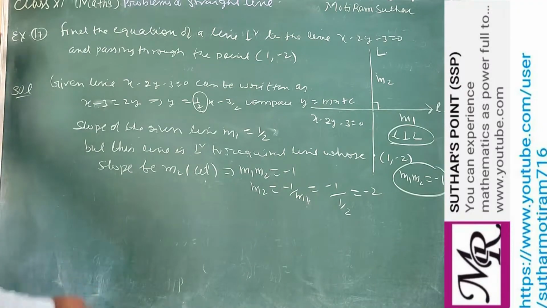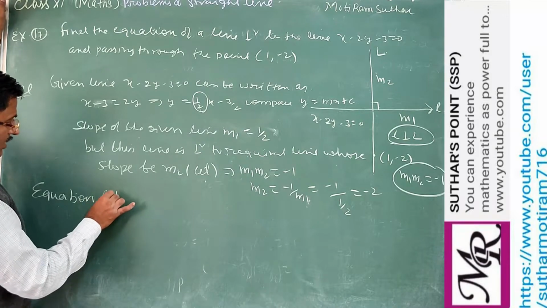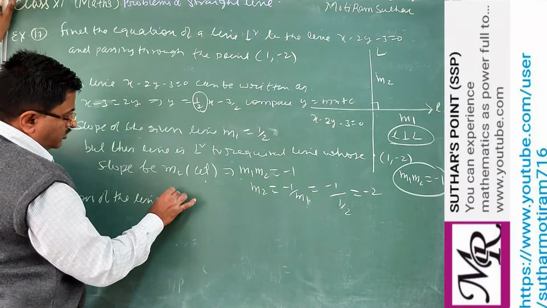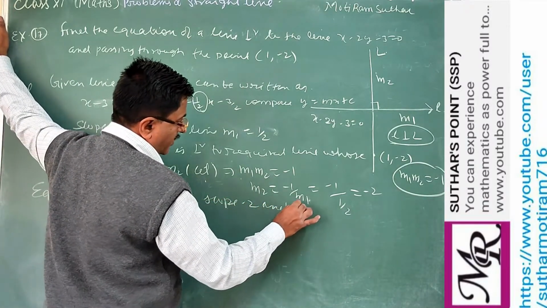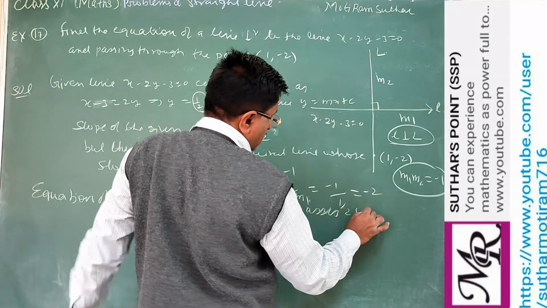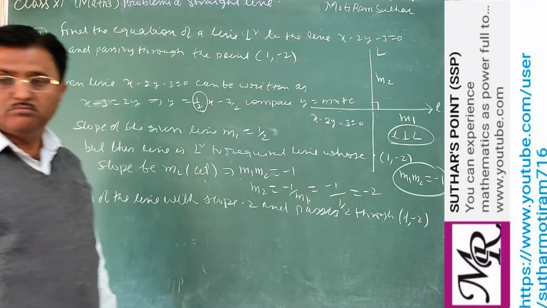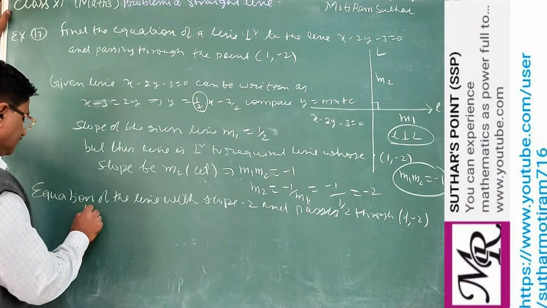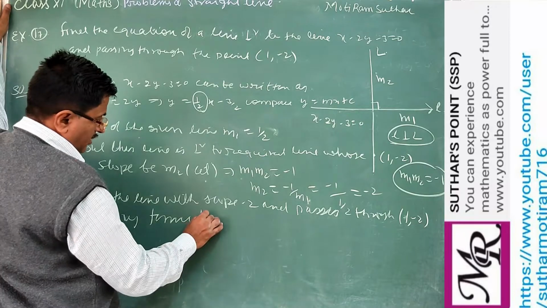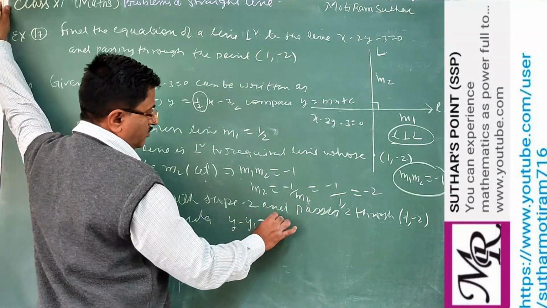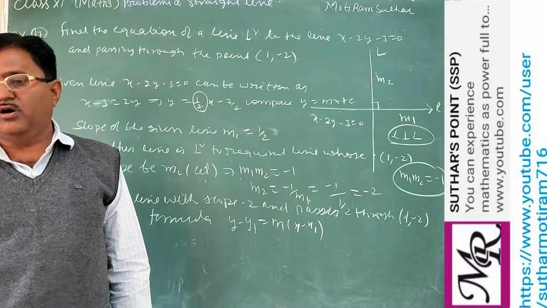The equation of the required line, with slope -2 and passing through (1, -2), by using the point slope formula: y minus y1 equal to m into x minus x1.